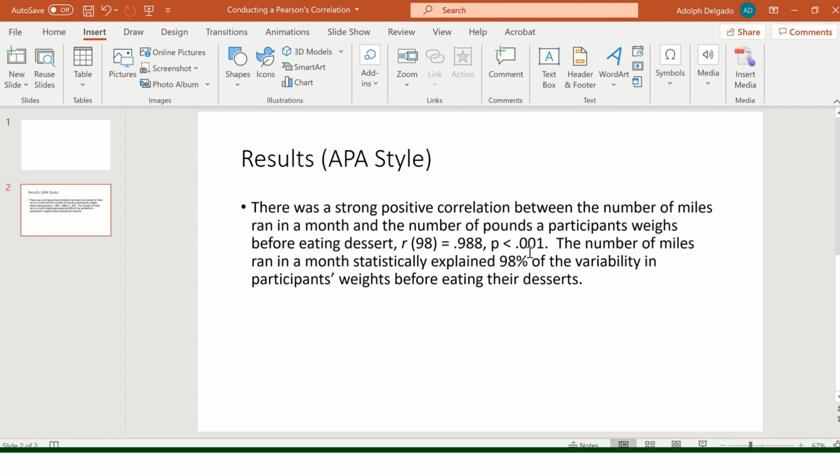We further want to interpret this by saying the number of miles ran in a month statistically explain 98% of the variability in a participant's weight before eating their dessert. The way we get that value is we square our Pearson's R value.